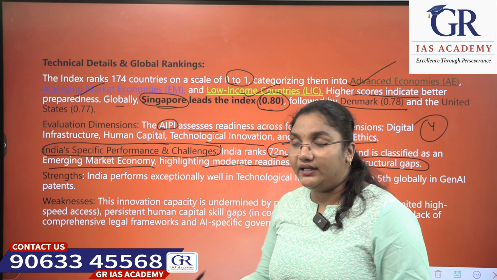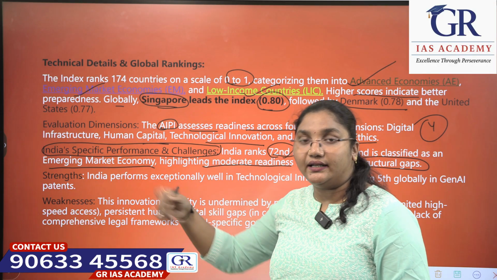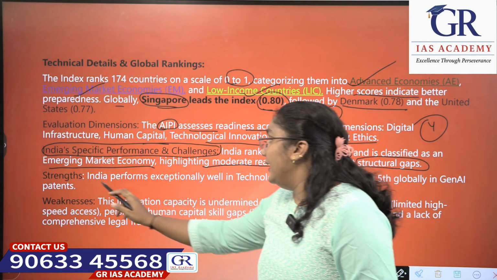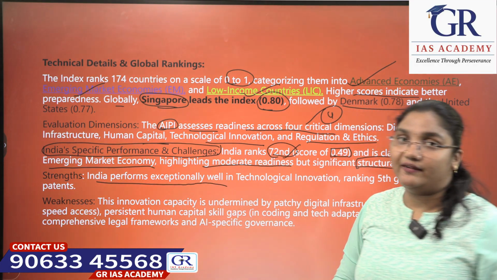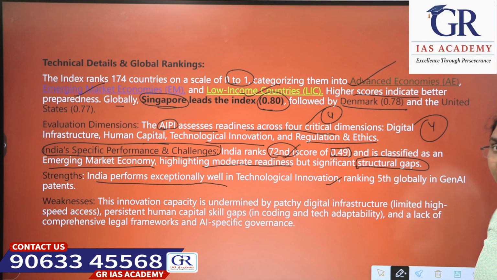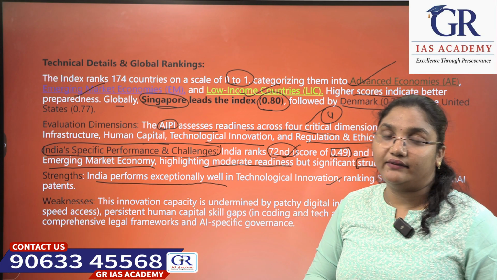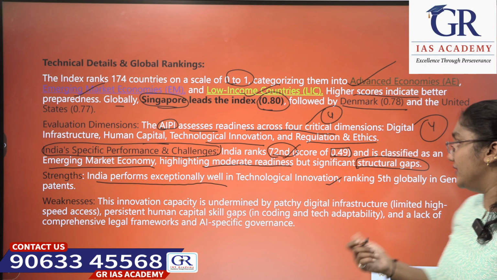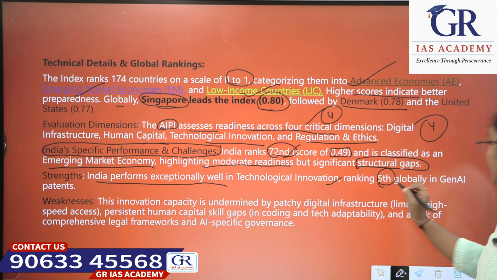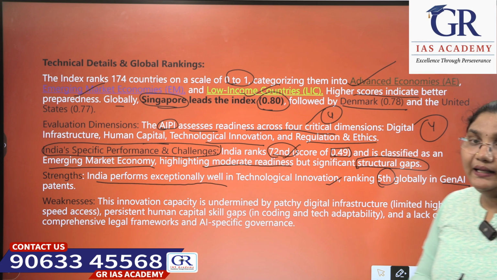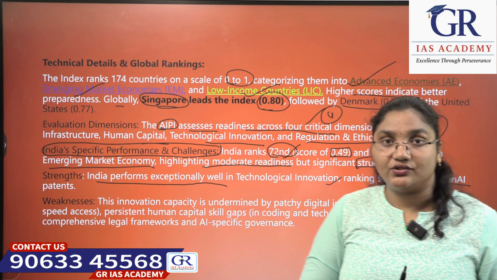The strengths for India to better the rankings: India performs exceptionally well in technology innovation. Obviously, we are doing exceptionally in technology innovations, and we are ranking 5th globally in Gen AI patents. This is our core strength.